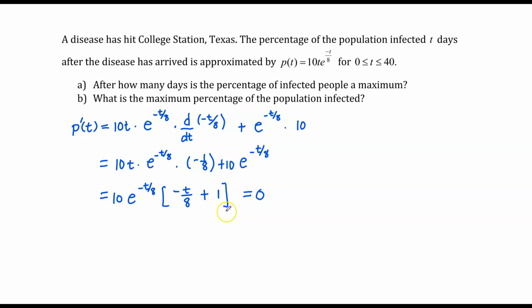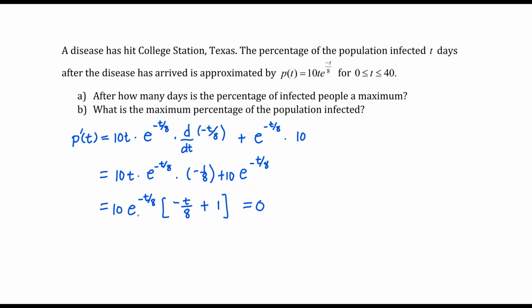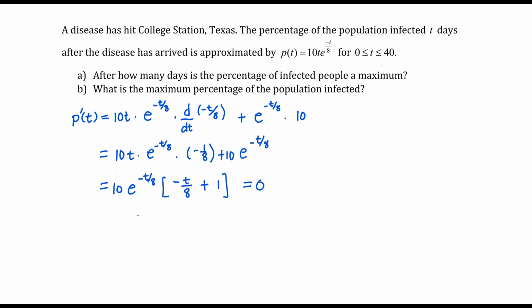Now, if this expression here is equal to 0, that means that either 10e to the negative t over 8 is equal to 0, or negative t over 8 plus 1 is equal to 0.